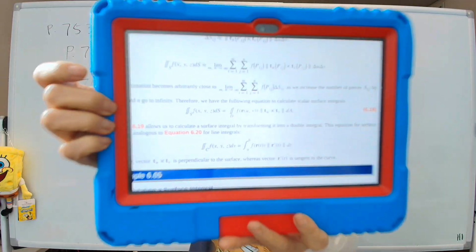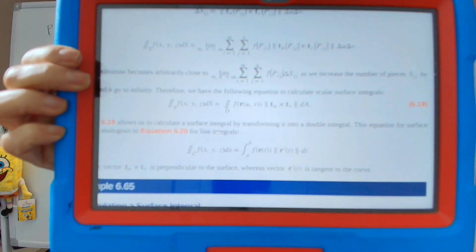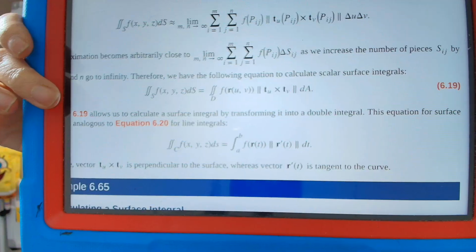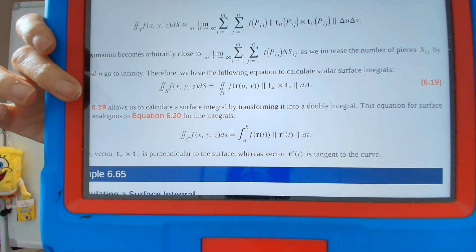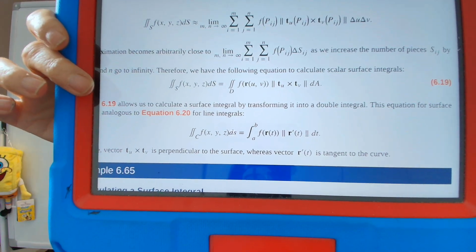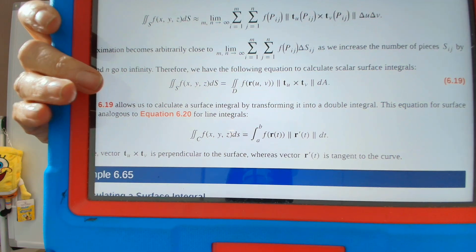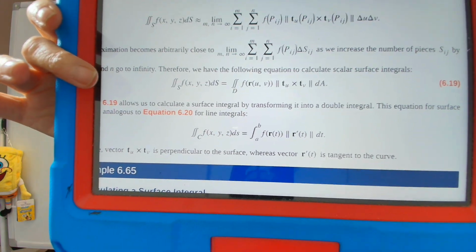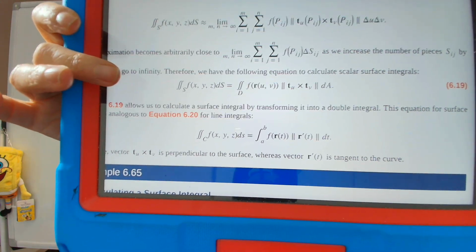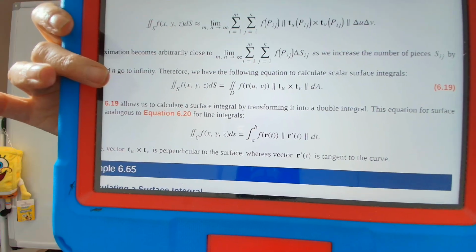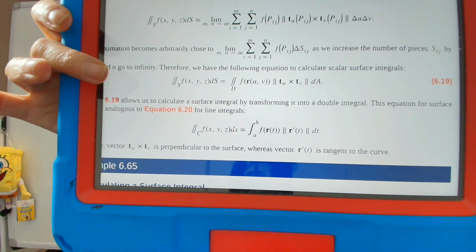So please look at equation 6.19, okay, the equation to calculate the scalar surface integral. You stick a function in there and you integrate. So your integral is over the surface S, okay? And how do you do that? You plug into that formula next to it. That is, you calculate tu cross tv.